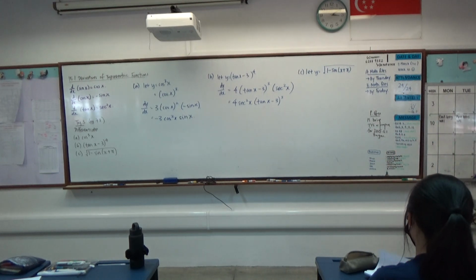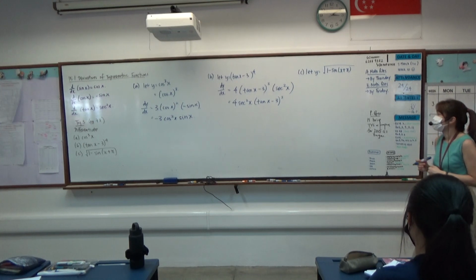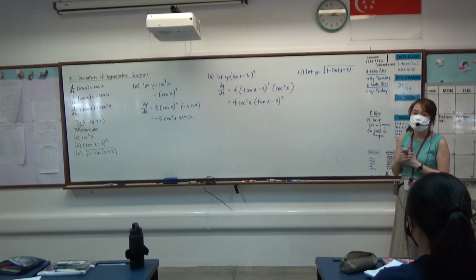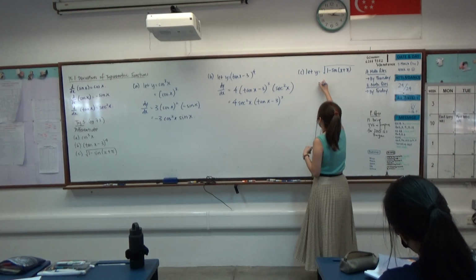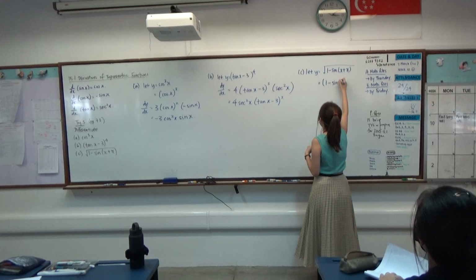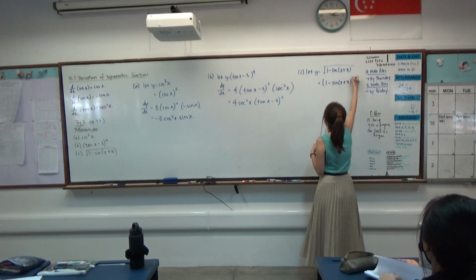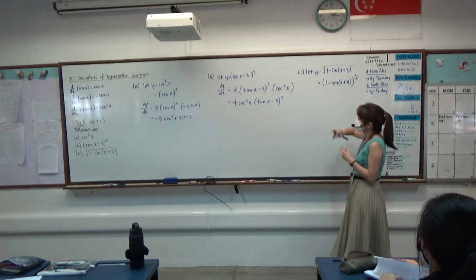And then the very last one, we have y equals square root of 1 minus sine x plus pi. That is as good as writing 1 minus sine x plus pi to the power of half.